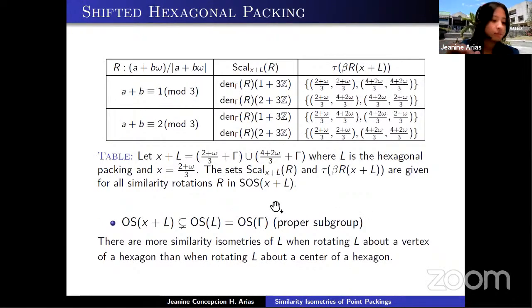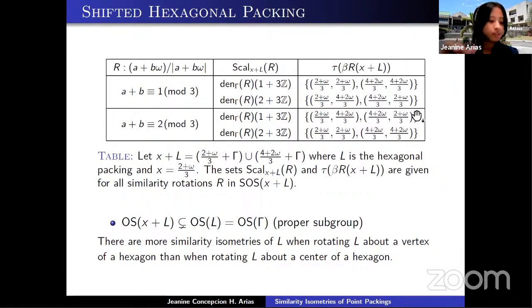Let us show an example using a particular shifted hexagonal packing where we will use x equals (2 plus omega) over 3. We just add (2 plus omega) over 3 to each component of our hexagonal packing from before. This table shows the result for similarity rotations, and a similar table may be computed for similarity reflections.